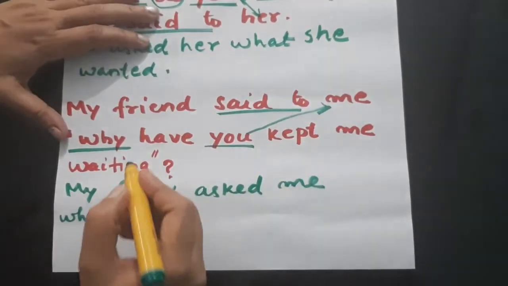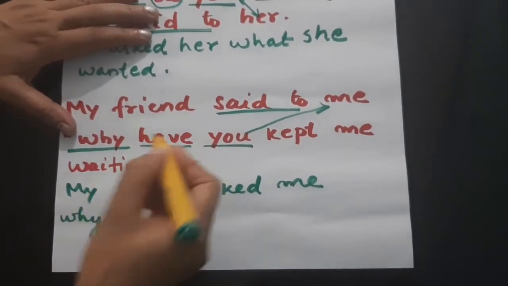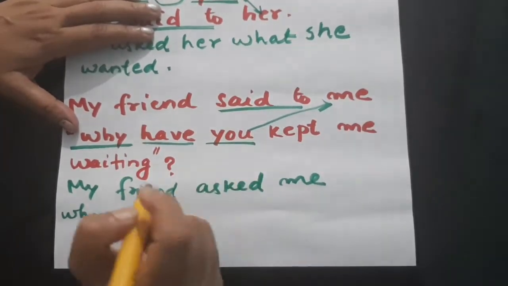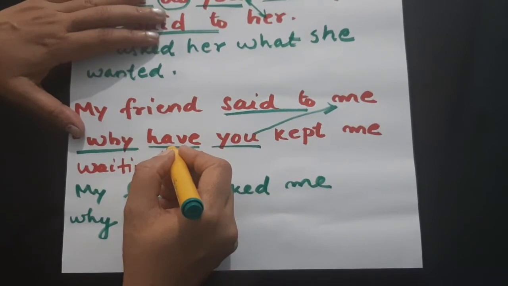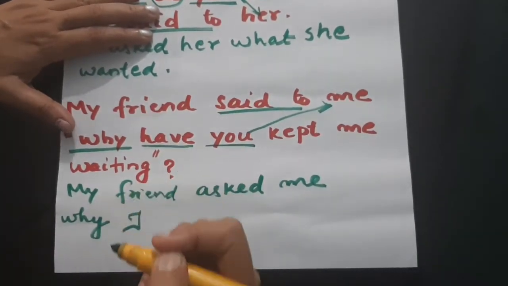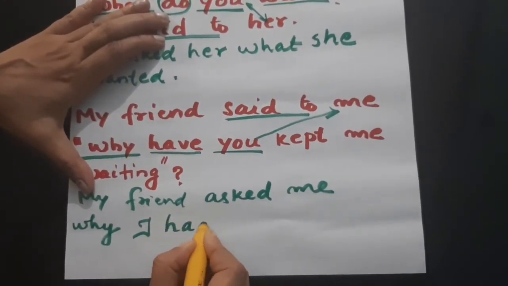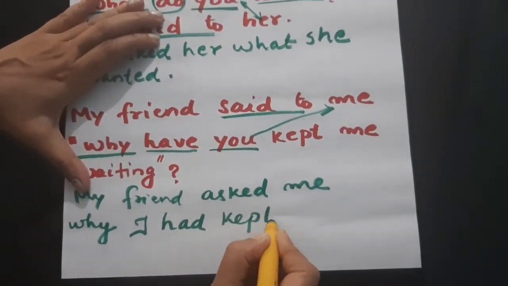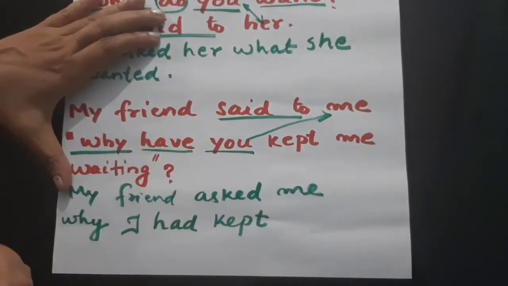Next, here you have the auxiliary verb have. See, have means present perfect. We studied the rule, you know the rule. Have, present perfect, will be converted to past perfect, that is had. Why I had kept. My friend is asking me this.